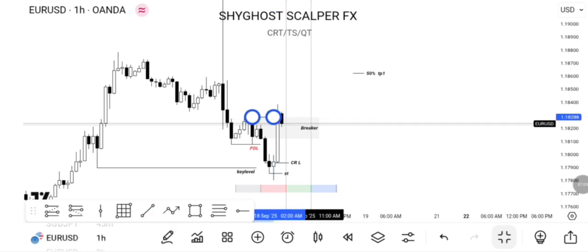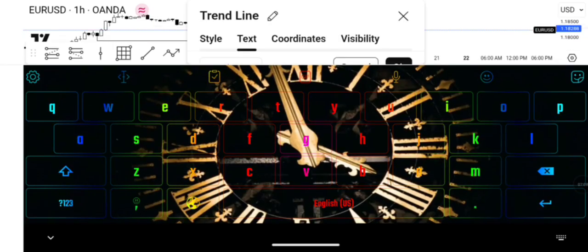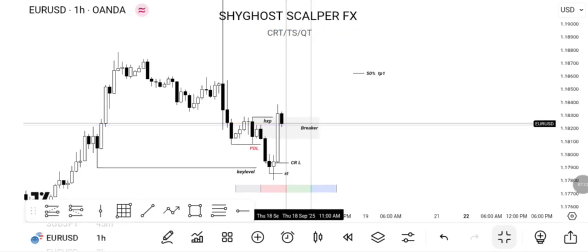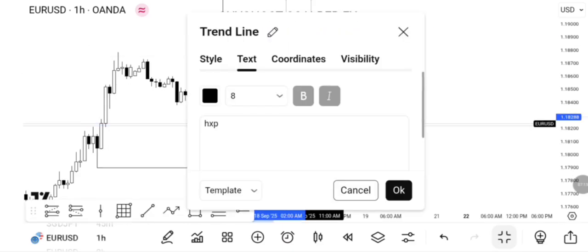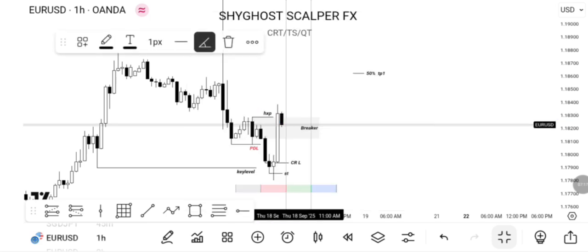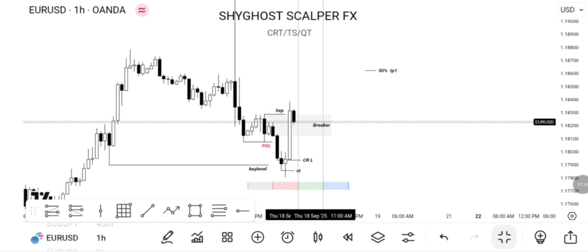So this is our Asian high, previous cycle high, two confluences, right?